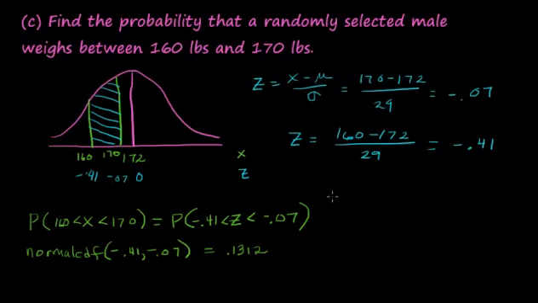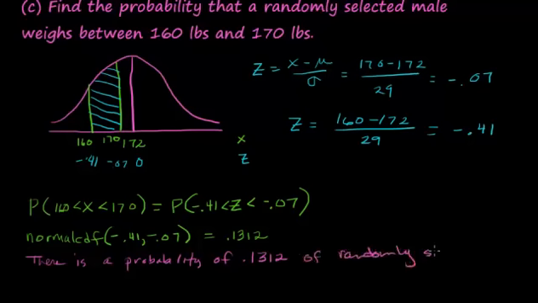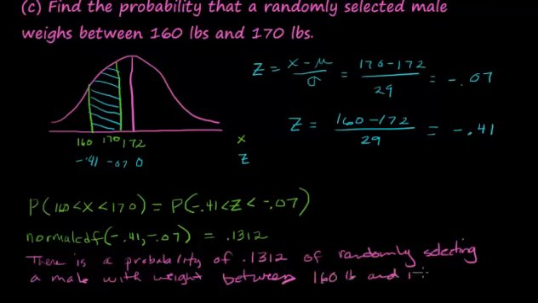And now our interpretation: there is a probability of 0.1312 of randomly selecting a male with weight between 160 pounds and 170 pounds.